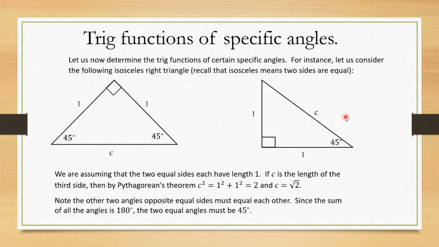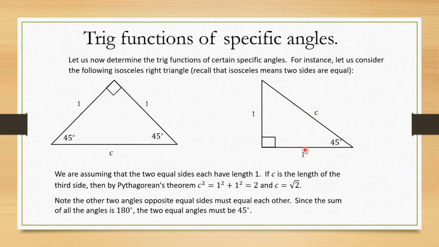So what do we do? Well, from here, we can calculate c using Pythagorean's theorem, right? We have a squared plus b squared is c squared. So in this case, a and b are both equal to 1.